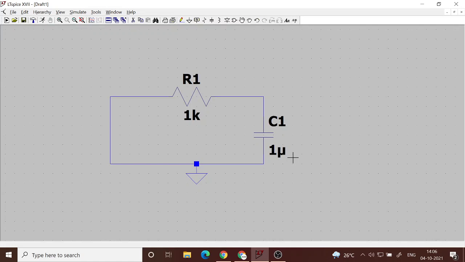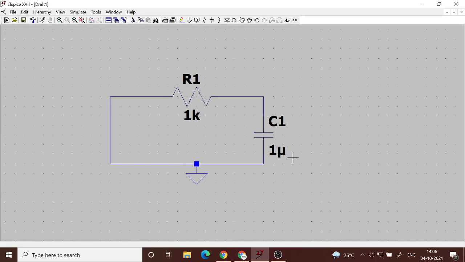So 1 millisecond is the time scale which determines the change of the voltages and currents in the circuit. Okay, they will be changing in the order of RC, the product of R and C, the time constant.